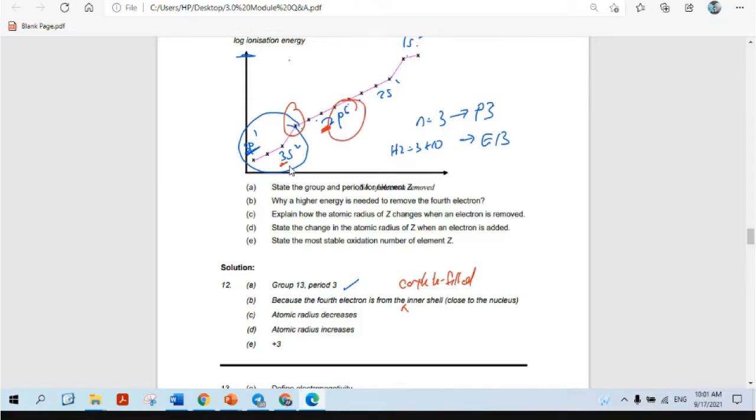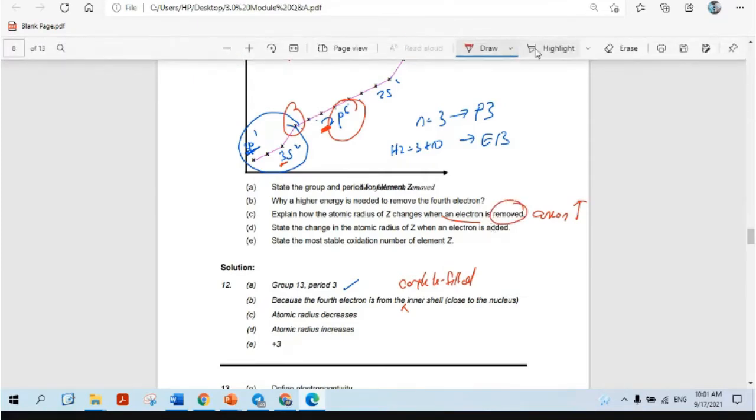Okay. Next, explain how the atomic radius changes when an electron is added. When an electron is added, it becomes an ion. Okay, remove or added? Oh, remove, sorry. Remove means cation.